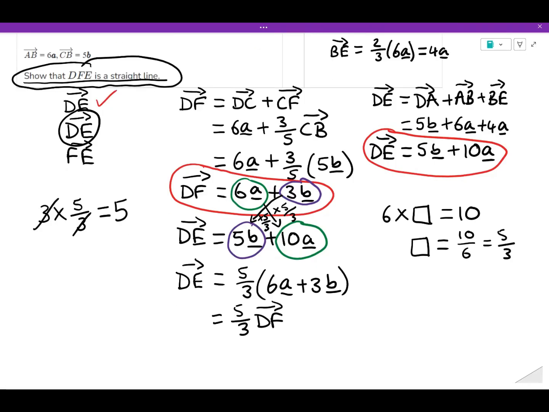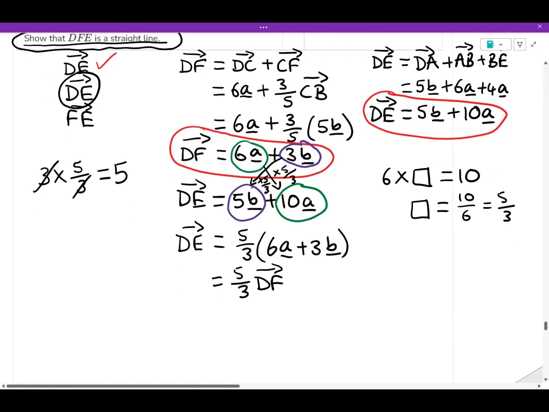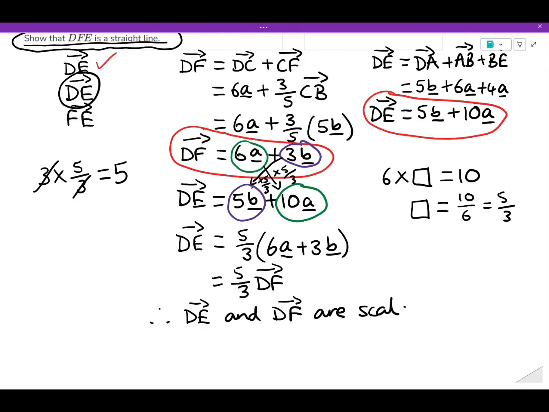And then I can make my concluding statement that they are parallel because they are scalar multiples. So I can say, therefore, DE and DF are scalar multiples of each other. So they are parallel.